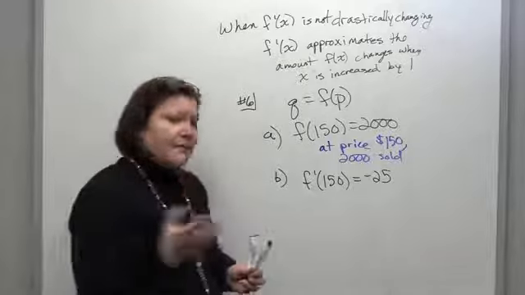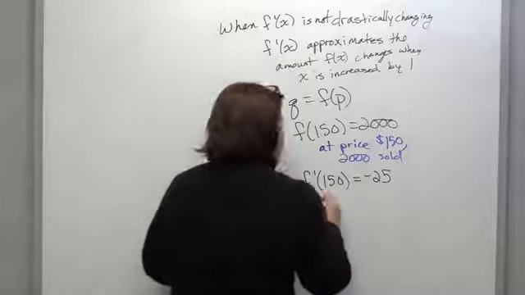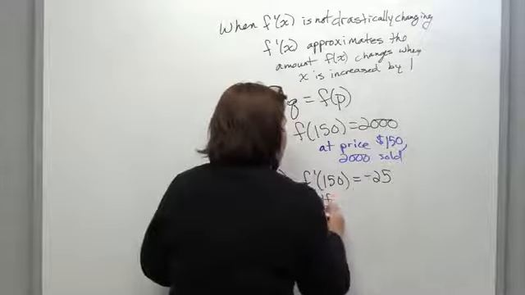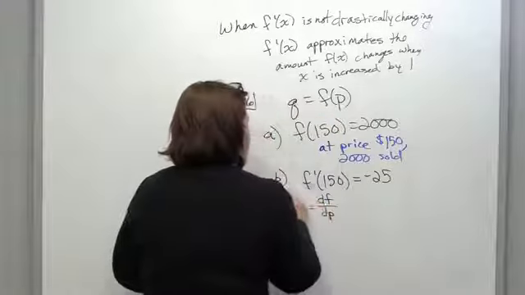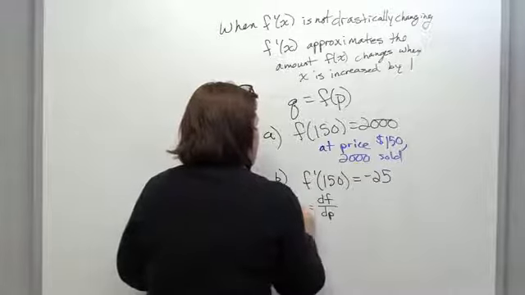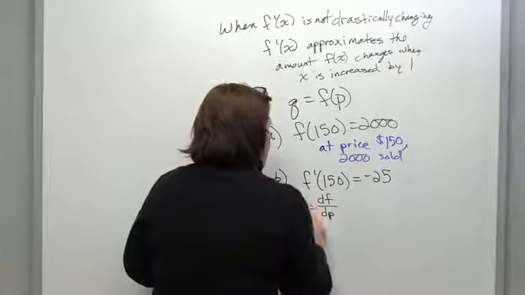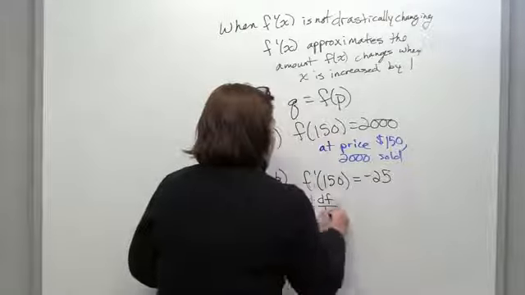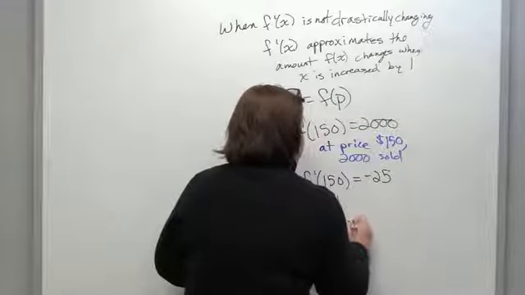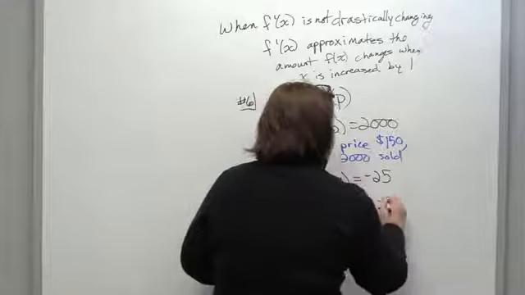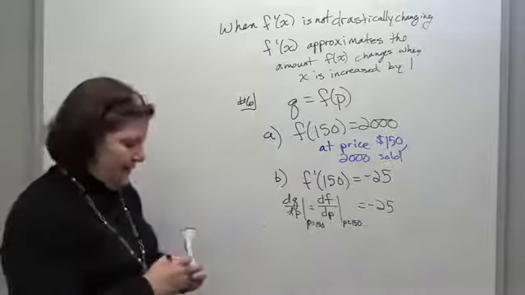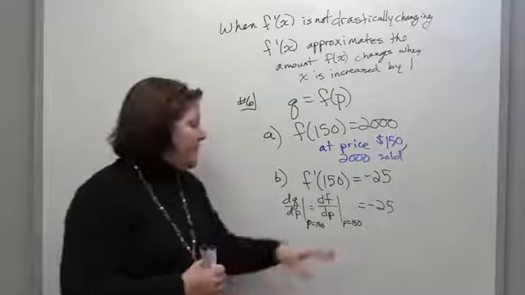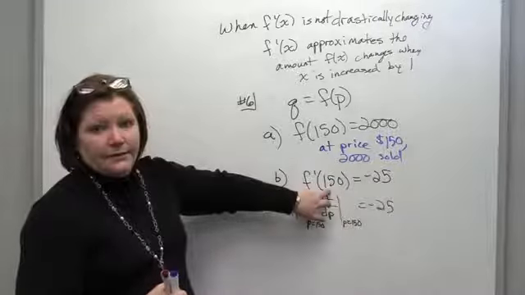Now, if we were to write this in Leibniz notation, we would be given df/dp, or equivalently dQ/dP, when P equals 150, equals negative 25. Now this is really messy to write. It's messy to look at, messy to write. But it can help us remember what this means.